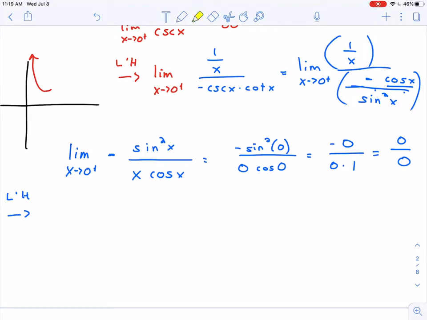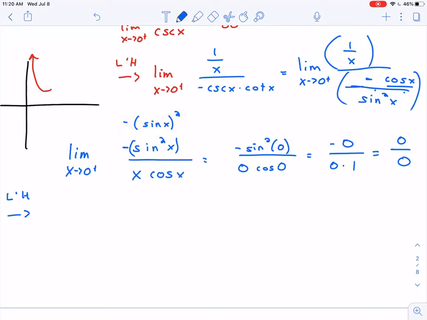So I want to take the derivative of my numerator and of my denominator. Just to clear things up, I'm going to put that negative sign right there with sine of x. And remember negative sine squared x? Remember this part right here? It would be helpful to rewrite that as negative sine of x squared, so that when we go to take the derivative, it's a little bit more obvious that we're going to have to use the chain rule here.